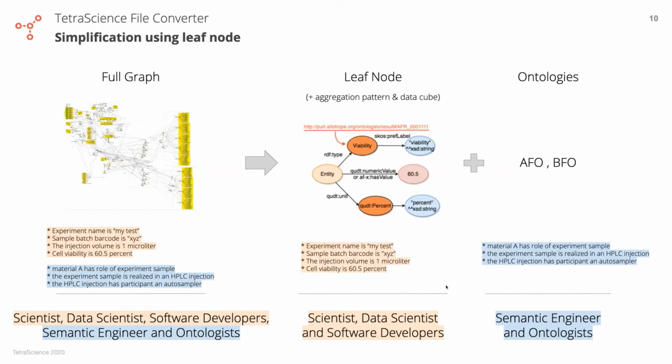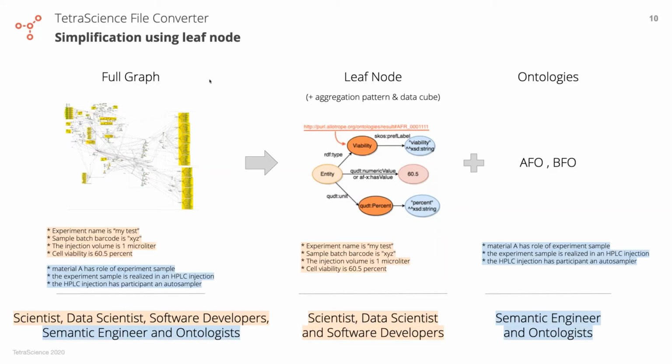So the leaf node provides the ability to capture whatever is on the edge or the leaves of this tree or graph. It captures the actual data, which is tailored to the scientists, data scientists, and software developers. And then you have the ontology, right, that is designed by the semantic engineers and ontologists, which captures the relationships. And those ontologies should be captured in the Allotrope Foundation ontology, BFO, and any other ontologies that your organization wants to develop.